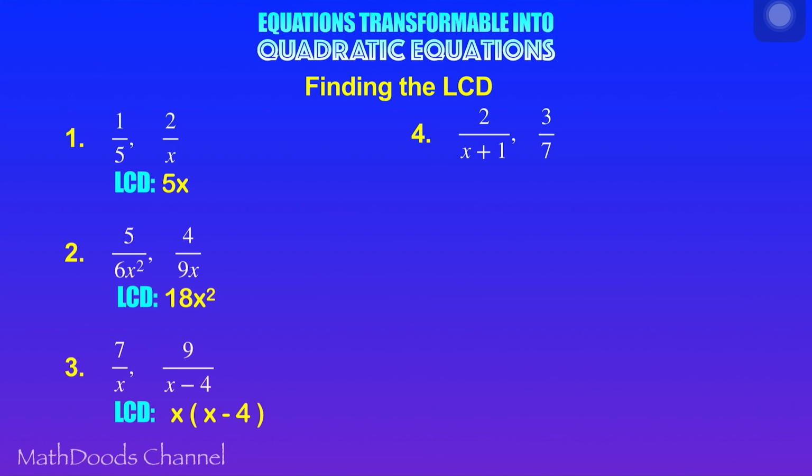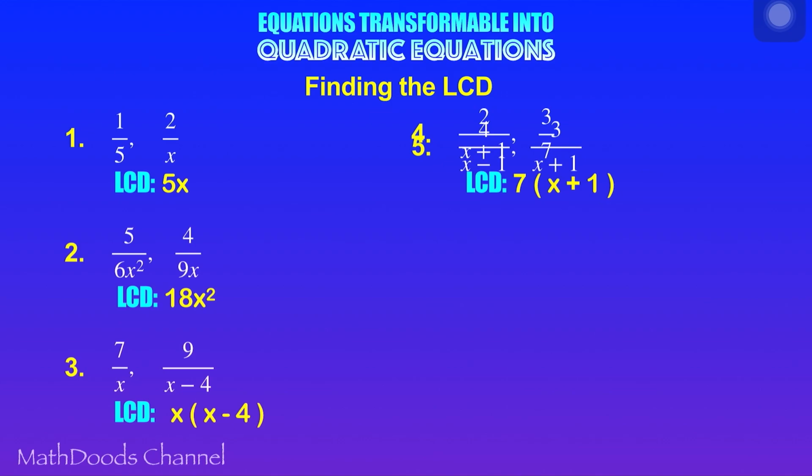So, dito, gagamitin natin 7 times the quantity x plus 1. The LCD is 7 times the quantity x plus 1. Or pwede naman mag-interchange kasi ang multiplication is commutative eh. So pwedeng quantity x plus 1 times 7.